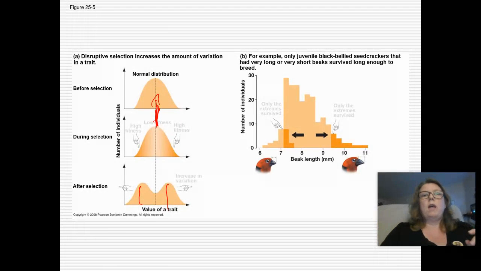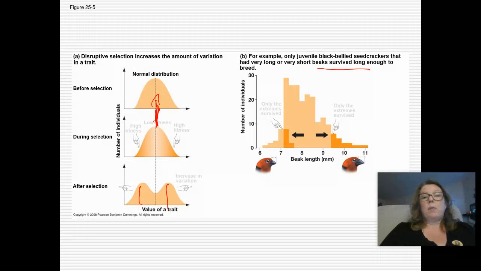Okay, so if you look at this juvenile black-bellied seed cracker, if they have very long or very short beaks, they tend to survive better for whatever reason. Maybe the long-beaked ones could exploit more food because they can get to seeds a little bit better, dig them out of places a little bit better than something with a medium-sized beak.